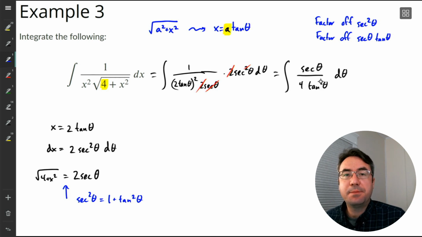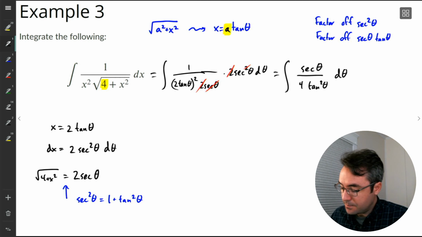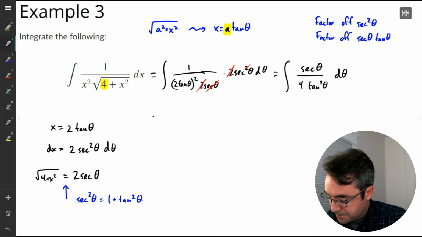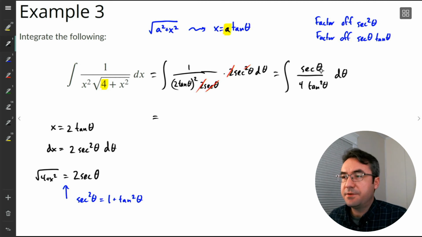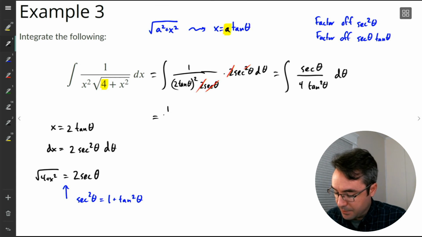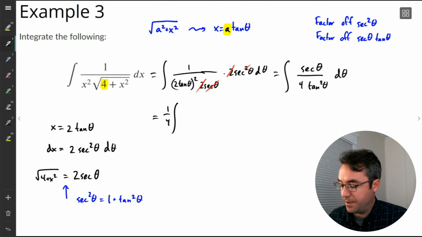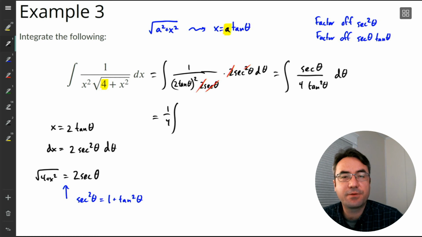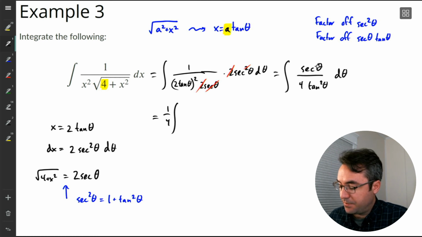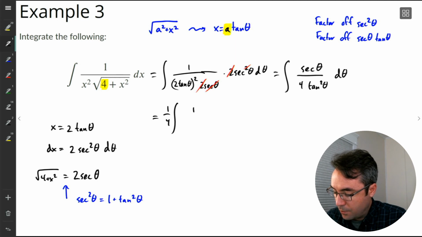So a good backup is, let's just try to convert everything here to sines and cosines. So let's do that. So instead of secant, and I'm going to bring the 1 over 4, this constant 4, I'm going to put that in front of the integral. Let's simplify that secant term. So secant becomes 1 over cosine theta.